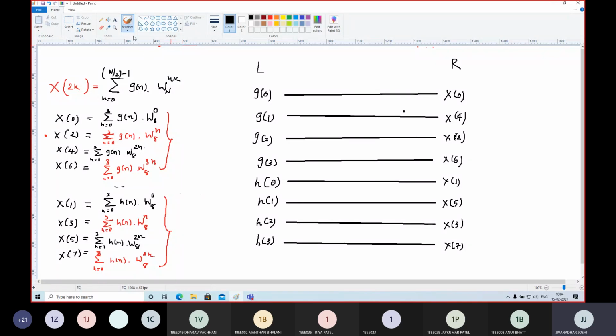Just expand it. Capital X of 0 is equal to, it will include all terms up to G of 3. So W8 raised to 0 is multiplied with all the terms: G of 0 plus G of 1 plus G of 2 plus G of 3.